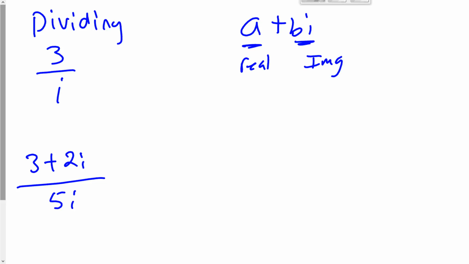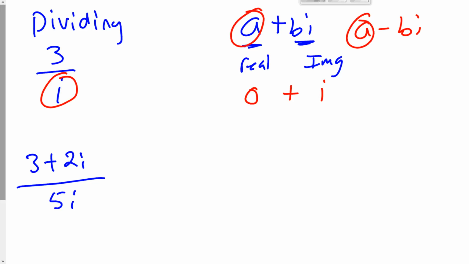So here on this i, our real part would be 0, and our imaginary part would just be i, or 1i. The conjugate, remember, is a minus bi: the first term is the same, the second term is opposite. So here the real part stays the same, 0. The imaginary part, instead of plus i, would be a negative i.